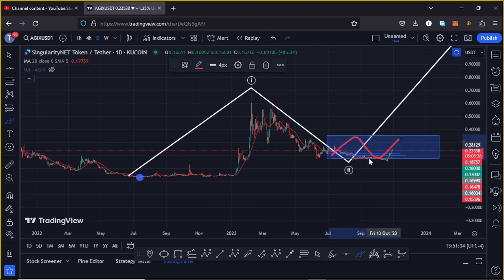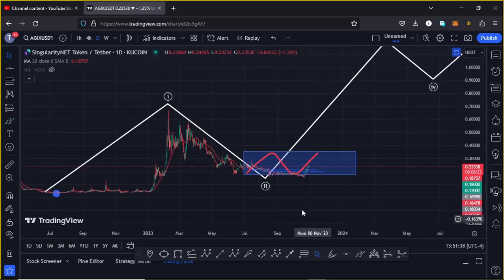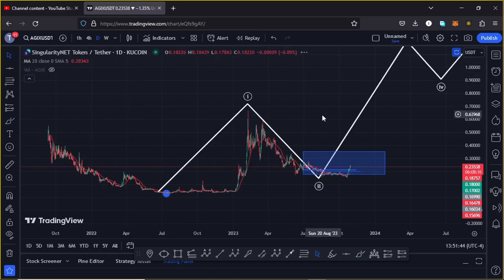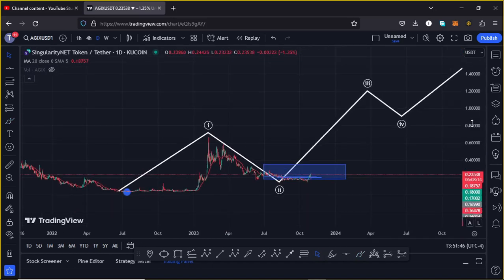And since we have fully maximized the target area, there are high chances that we now have lows in place for the second wave, and in the next coming weeks or maybe months, we can get impulsive in the formation of this wave 3, where I'm expecting AGIX to get above the $1 mark.